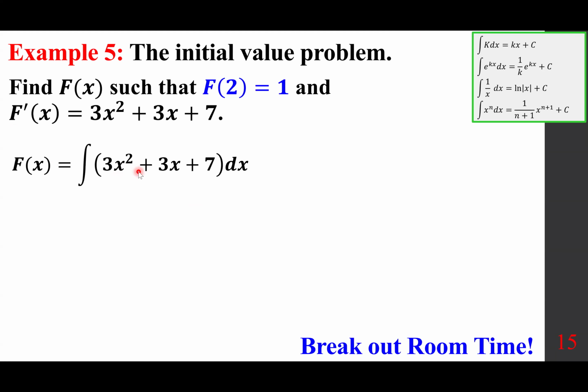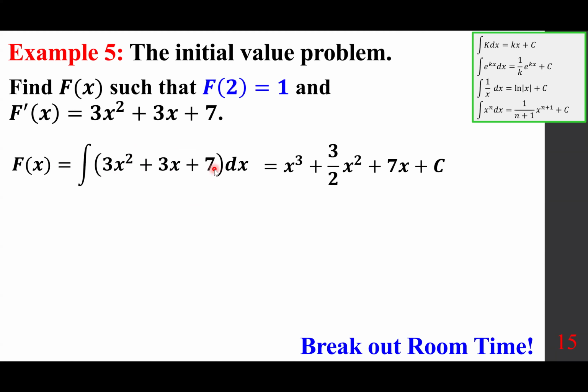All right, we've done this already. Remember, you add 1 to 2 becomes 3, divide by 3, you get x cubed. This one, you add 1 to it, 1 becomes 2, so 3 halves x squared. This is 7x and a constant.